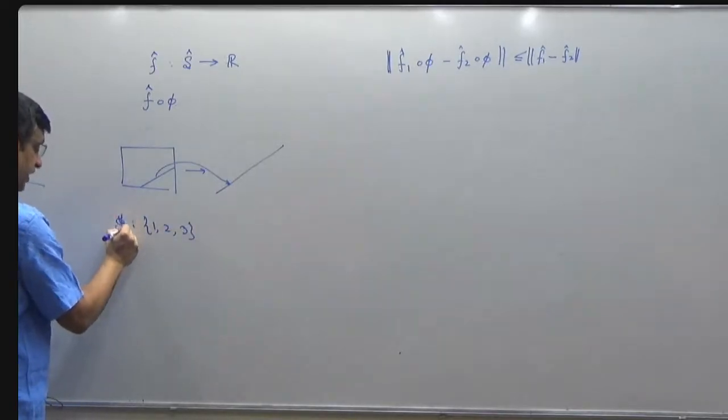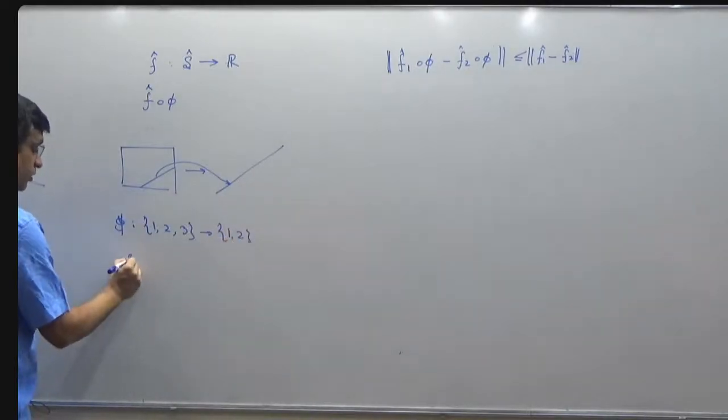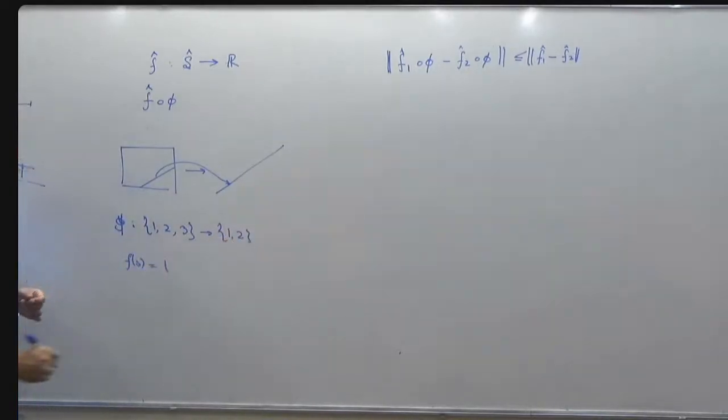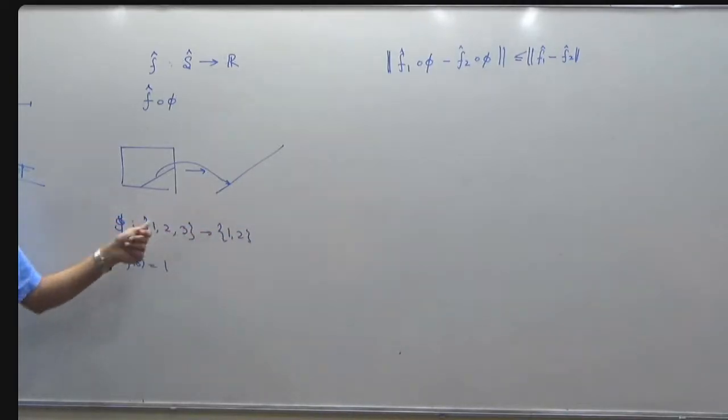So phi takes 1 to 3 to 1, 2, but phi of s is always equal to 1. Okay? So I can have an f hat function which differs in the second argument, but it doesn't show up in the range of phi. So implicitly, I am always assuming that this is an onto function, and if this is an onto function, this would be an equality.